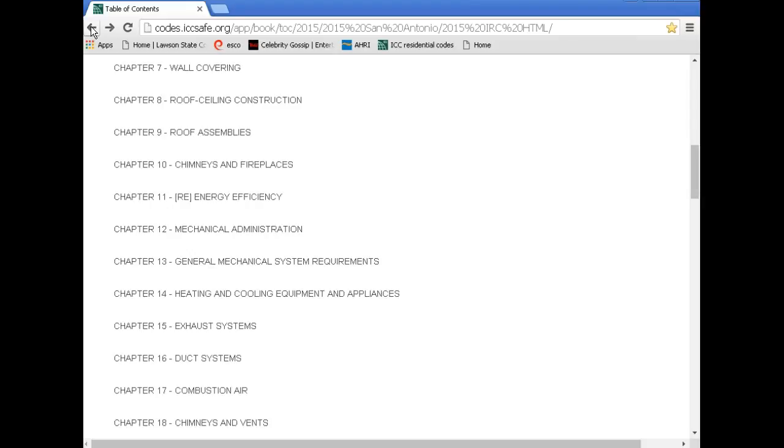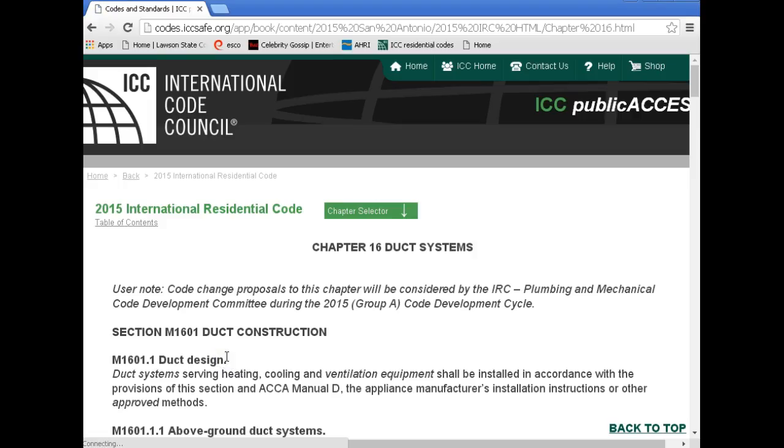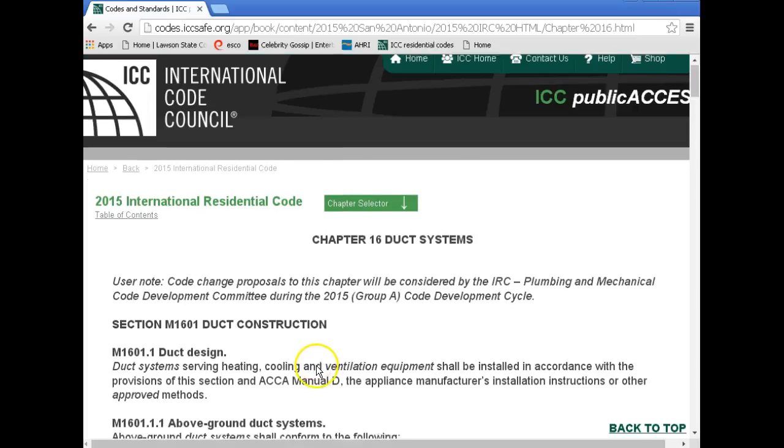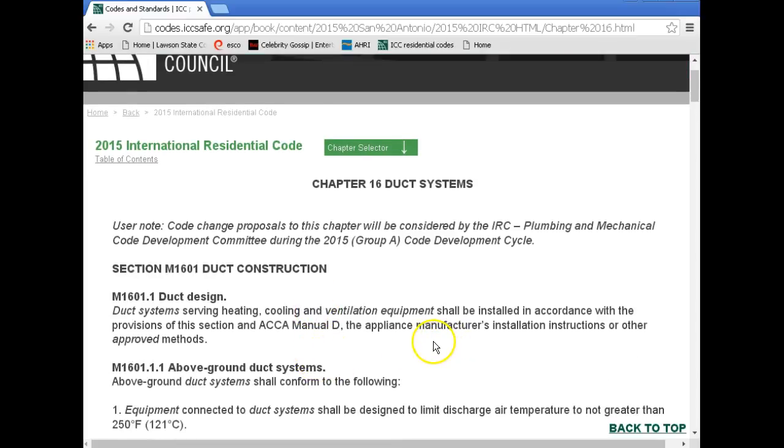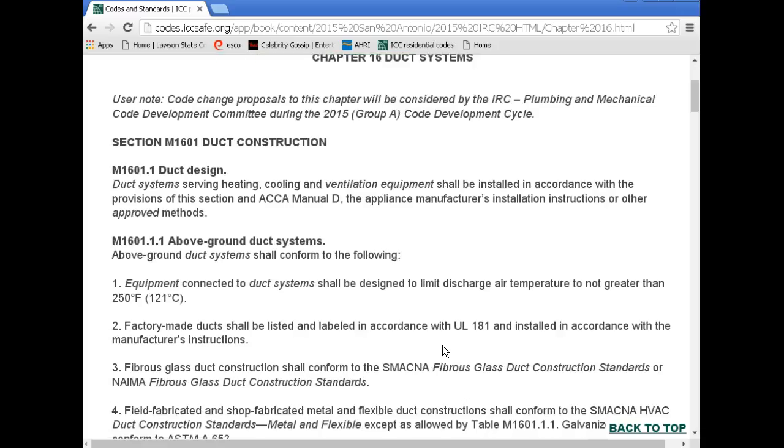16, duct systems. Although we need to find that. All right, 1601 duct design. Okay, tells us here, it lays it out. It's got to be in accordance with manual ACA D, right? 1601.1, I guess.